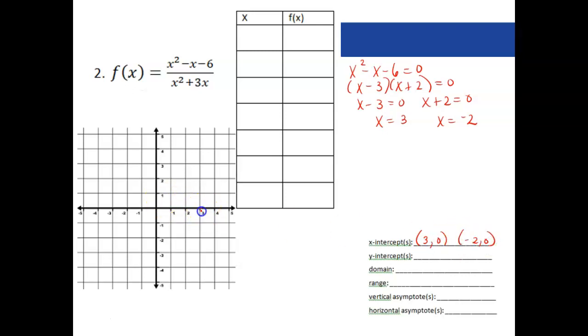So I'm going to plot those points, (3, 0) and (-2, 0). Okay, for the y-intercept, we're going to plug 0 in for x. When I do that, I'm going to have -6 in the numerator and 0 in the denominator. This is an undefined expression. So what that means is we have no y-intercept.